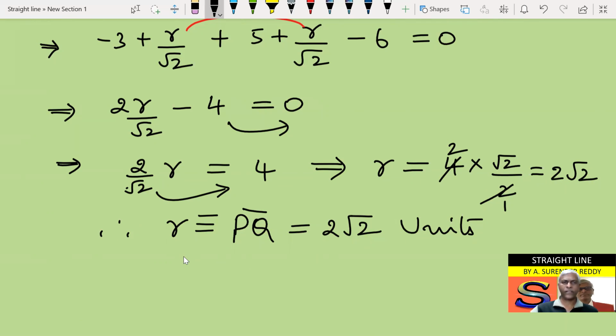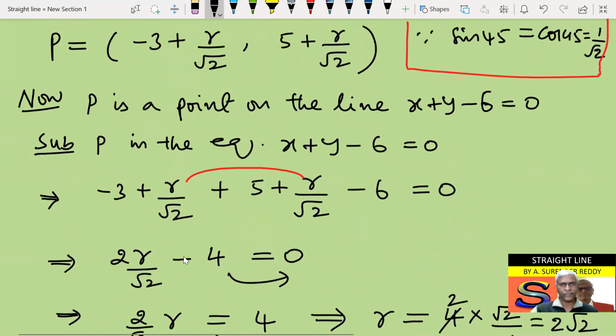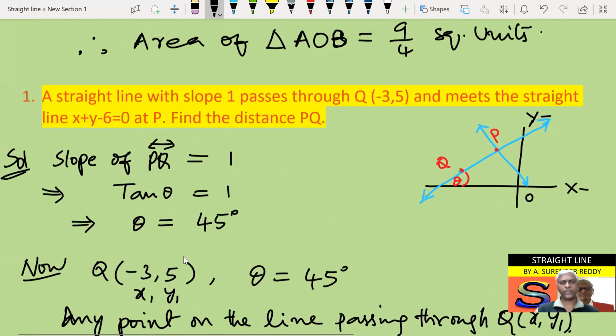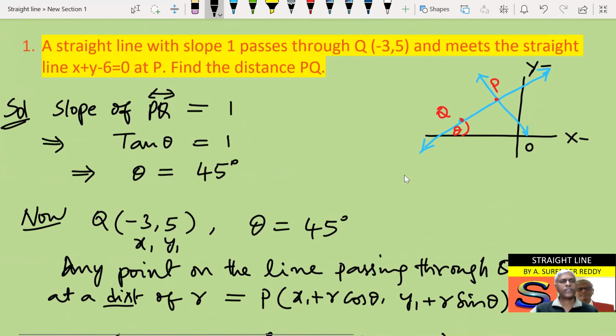So this is how we find the length. There are 2-3 problems almost similar to this. For this also, you have two methods. This is one way of finding the length PQ. The same problem can be done in another method also. In that, you can find the equation of PQ. Q point is there and slope is 1. So using the point slope formula, y minus y1 equals m into x minus x1, you can find the equation of line PQ.